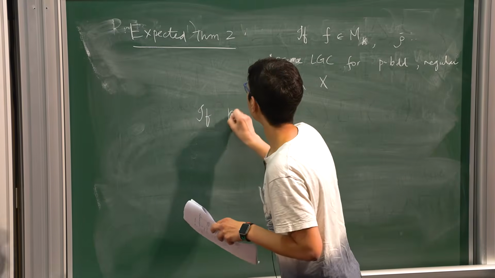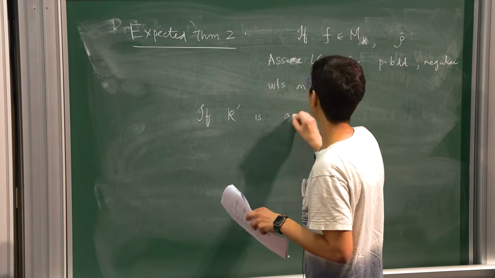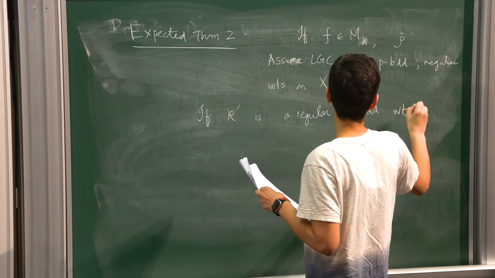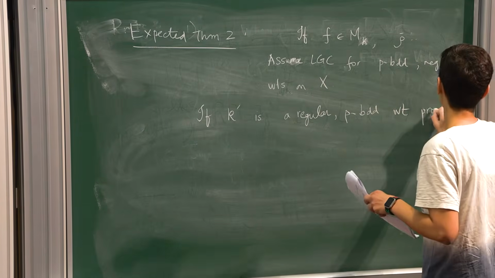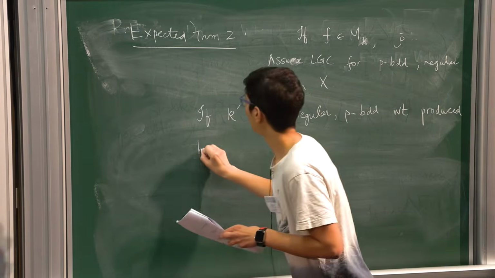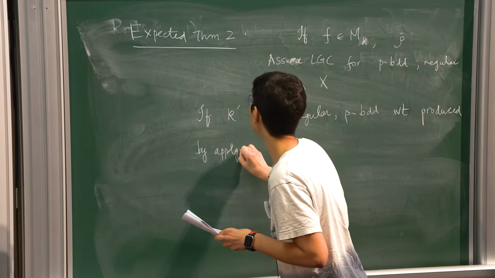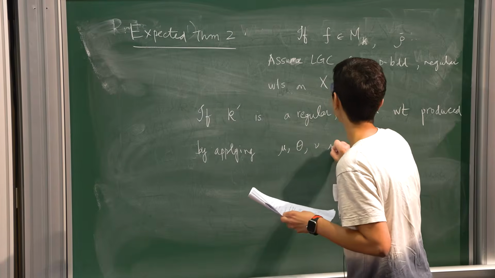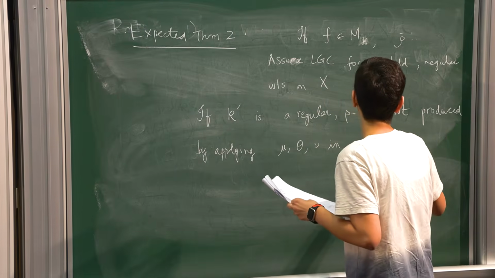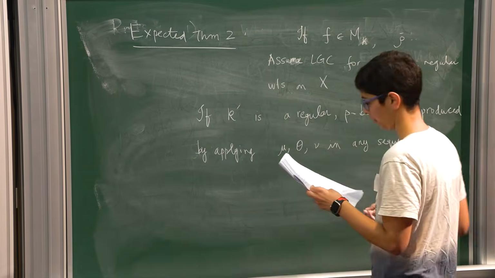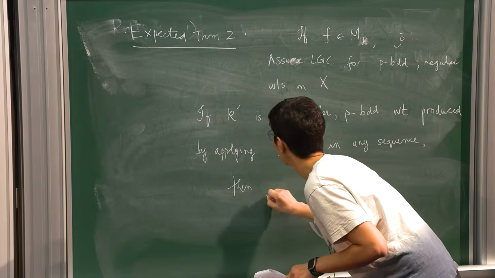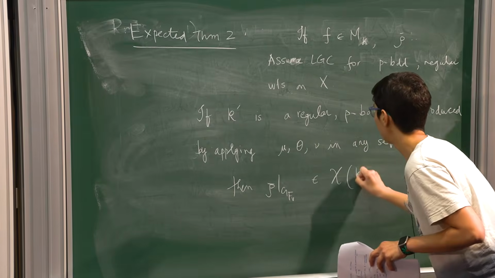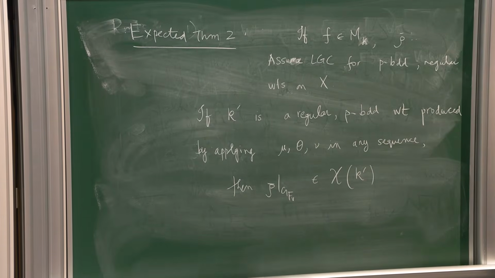Now, if K prime is a regular and p-bounded weight, produced by applying your favorite sequence of mu, theta, and nu, applying mu, theta, nu in any sequence, then rho bar, the restriction of rho bar to the decomposition group, lives inside this mod p crystalline locus of weight K prime.